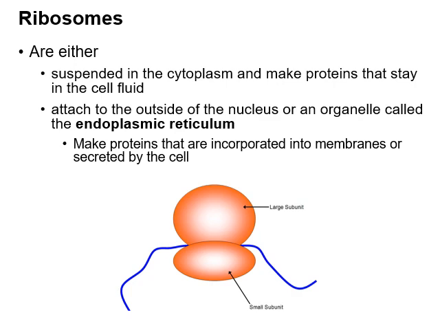So the cells that are making lactase need it to go outside of them so that they can get at the lactose that is in our digestive tract, for instance. The ribosome that is going to make lactase is more likely to be attached to the nucleus or to the endoplasmic reticulum. That's what allows that product, the lactase, to be transported outside of the cell. We'll talk a little bit more about how that happens in a minute.